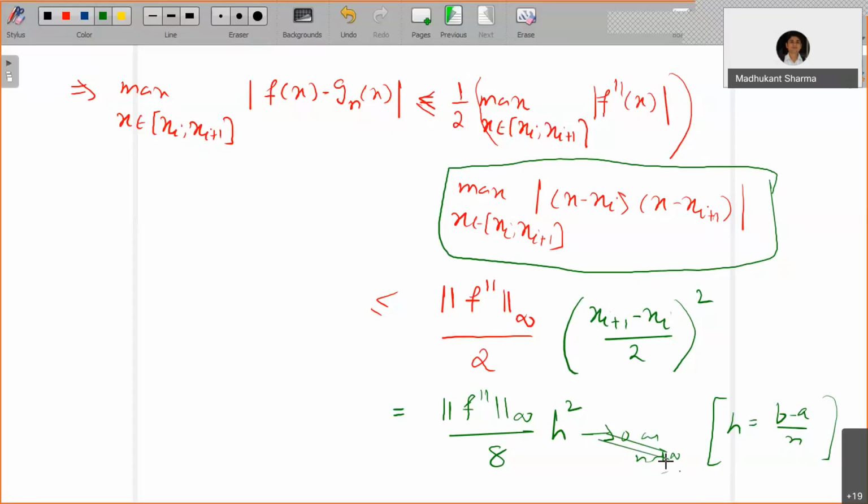Now, since the right side in this expression is completely independent of the left side, you can still perform the maximum over i on the left side, and this remains valid.